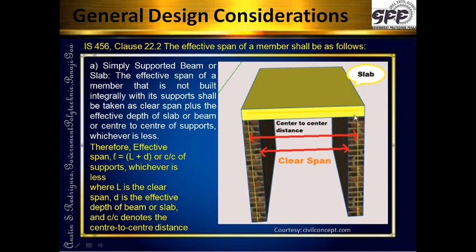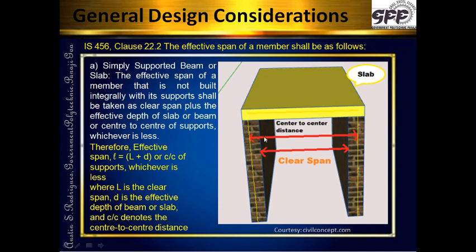There is no continuity over here. It is not built integrally with its support, and shall be taken as clear span plus the effective depth, effective depth of slab or beam, whatever as the case may be, or center to center distance between the supports, whichever is less.